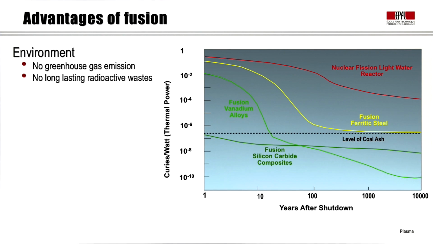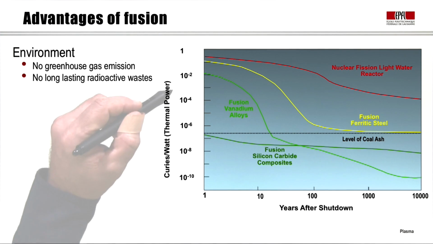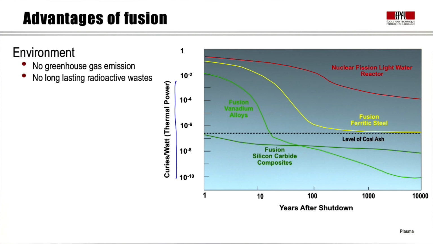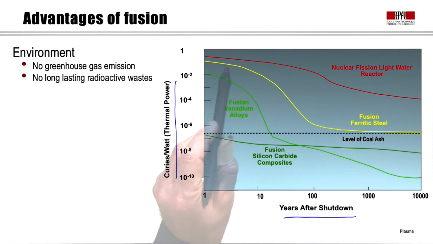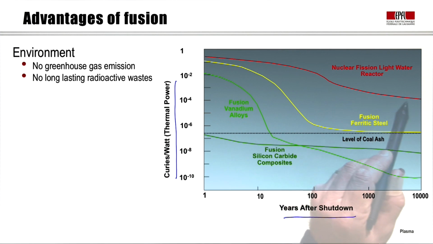This is illustrated in this plot, which shows the radioactivity level of the plant after shutdown as a function of the number of years after this shutdown for different cases. We see the red line here is that of a fission reactor, a light water reactor in this case, which stays very high in this curve all the way to about 10,000 years after it's shut down.